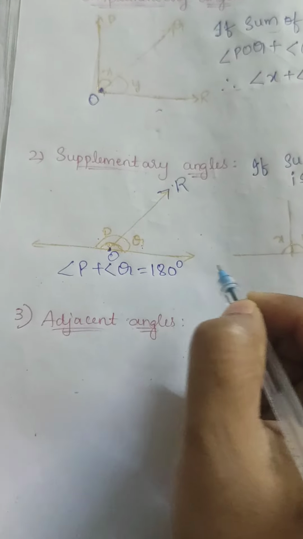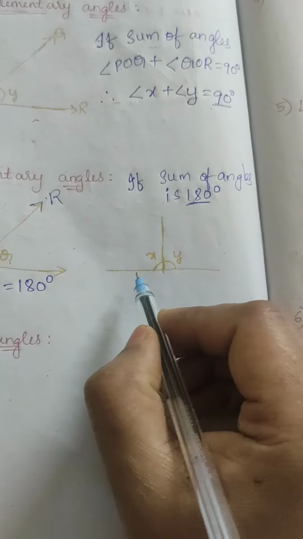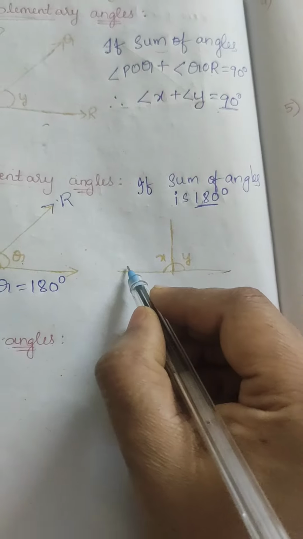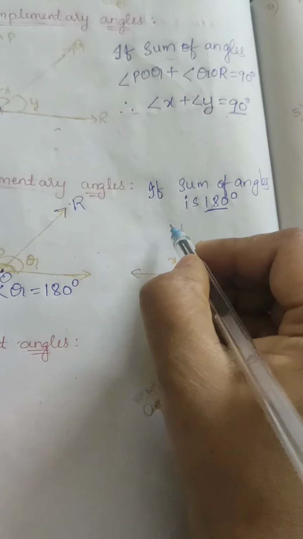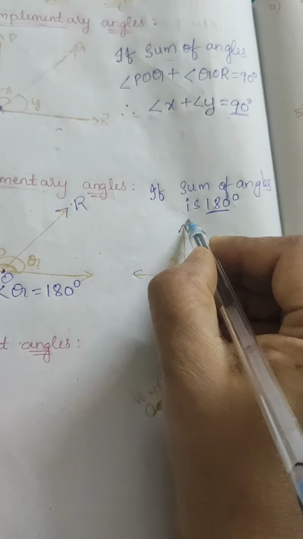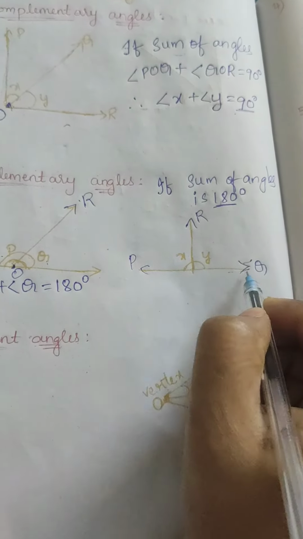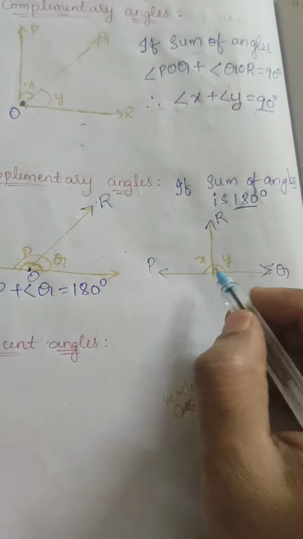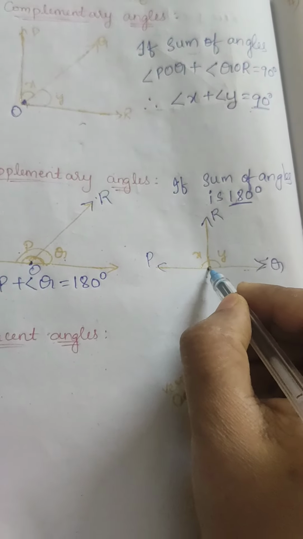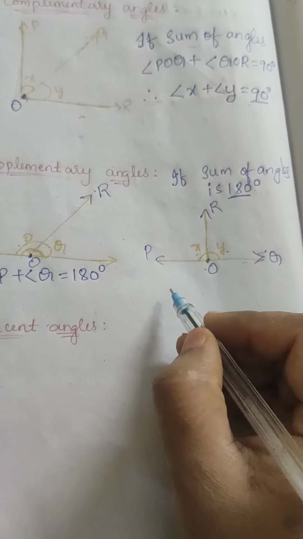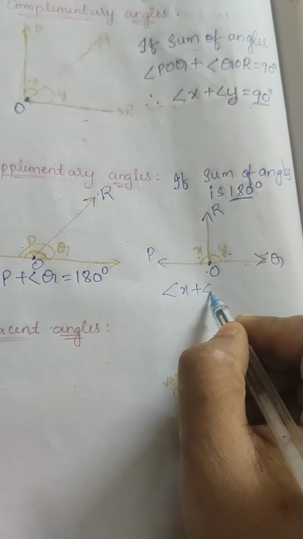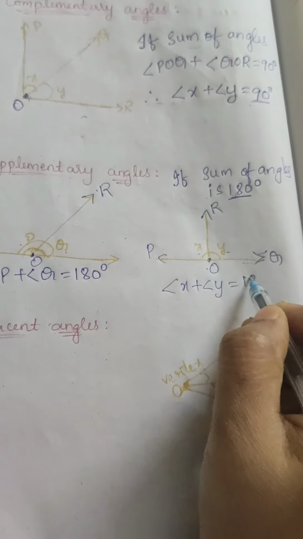If we take here also, it is a straight line, and this is PQ and R is the arm. Now this is the vertex. Angle X plus angle Y is equal to 180 degrees.